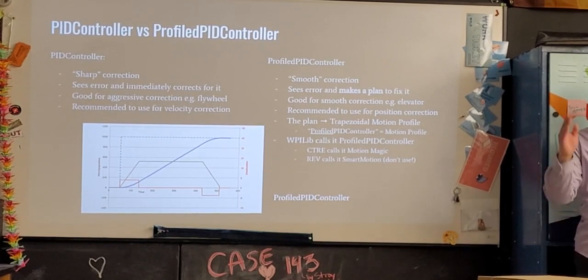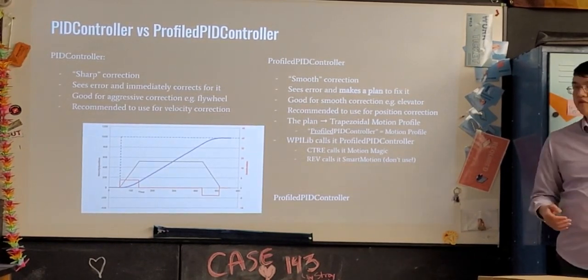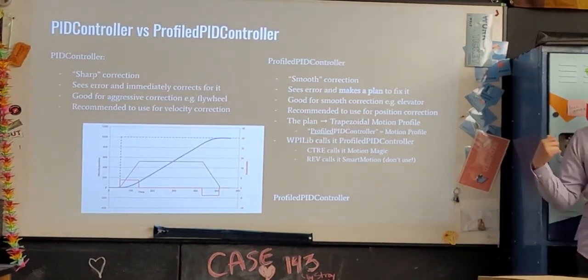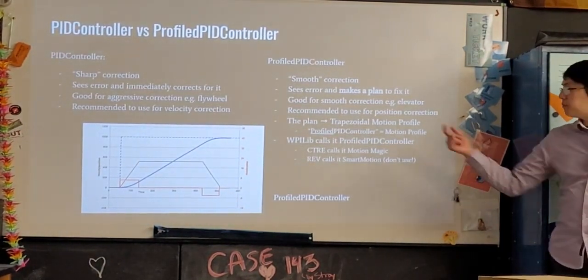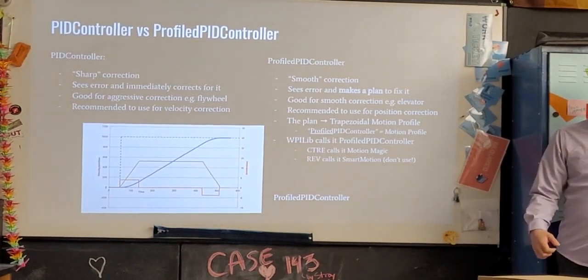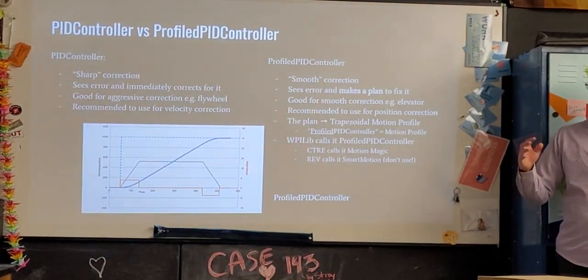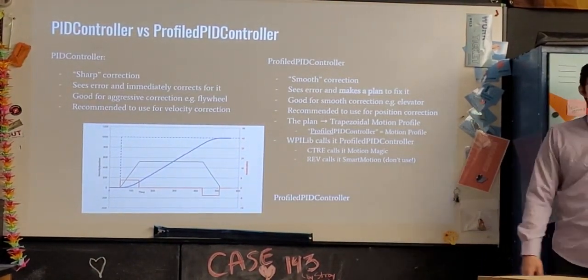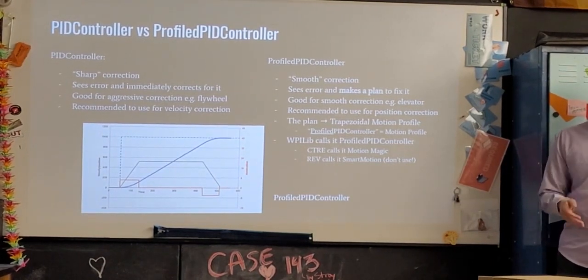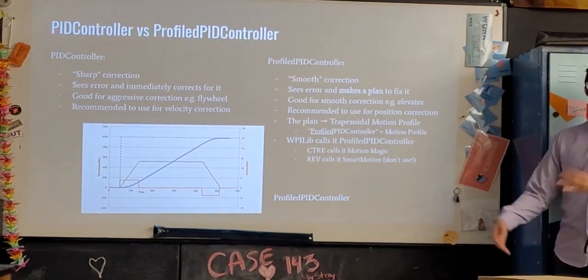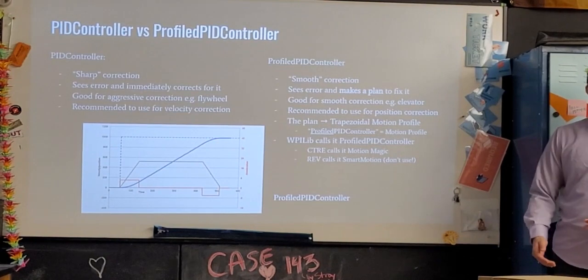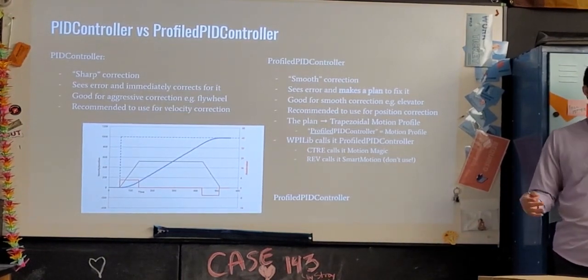Absolutely. That's a great point, because with the plan that profiled PID controllers make, you have to give it some constraints, otherwise it could generate some crazy plan. You have to tell it, hey, my elevator, I don't want it to go that fast.